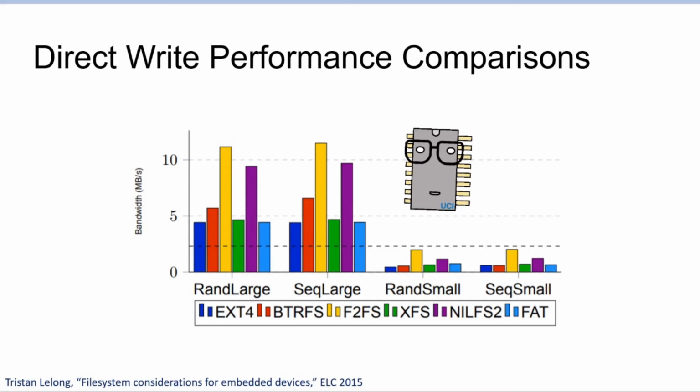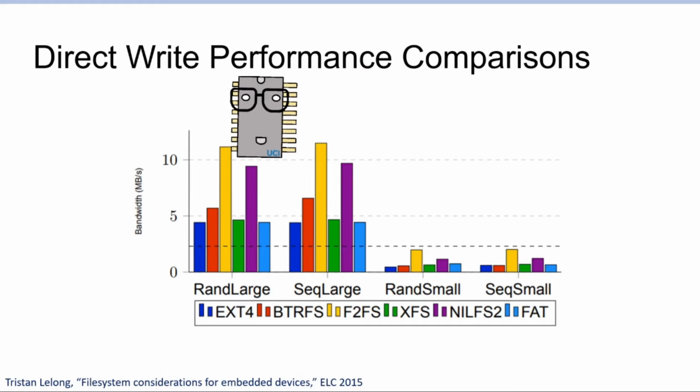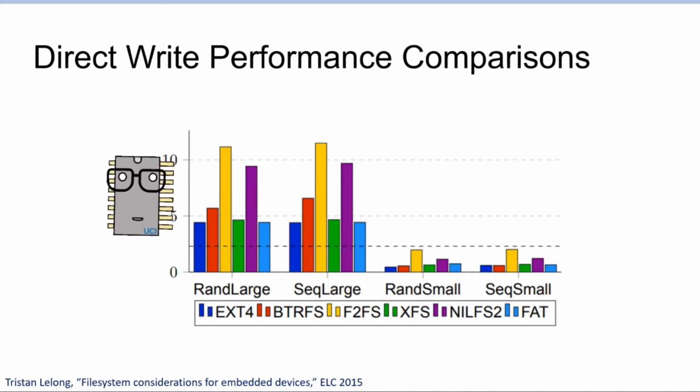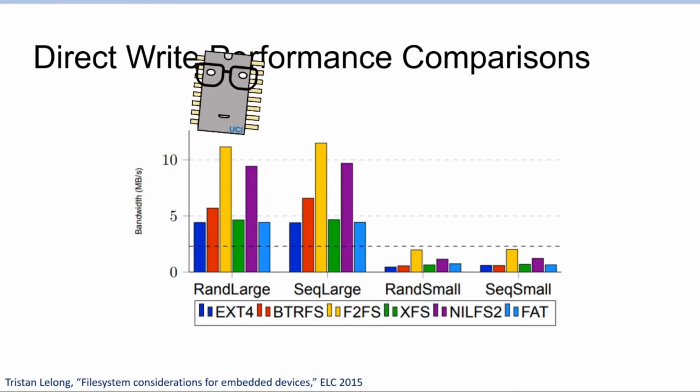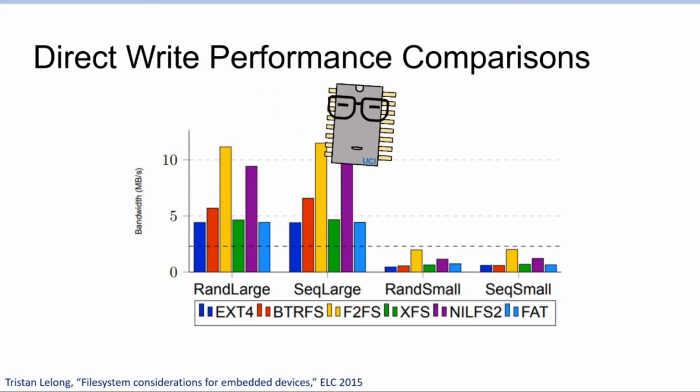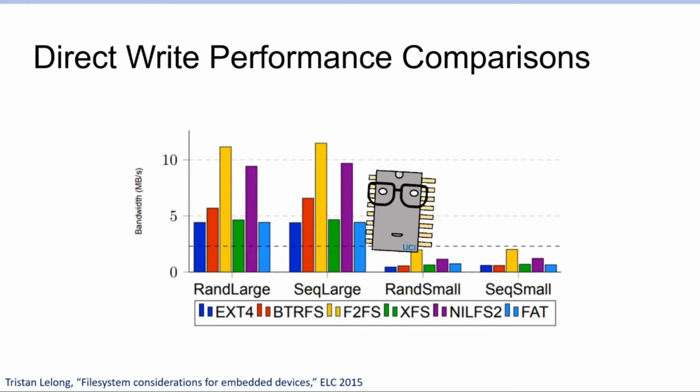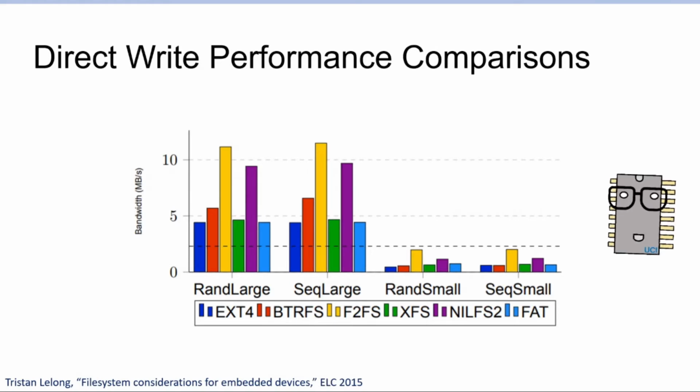More interesting results come in when we look at the direct write performance. So we're not using in-memory buffers for writes. Again, for all write requests, we're sending it directly to storage. And when we do have something like that, there is a pretty significant performance difference between these two bars, the flash optimized file systems compared to the regular file systems. Same for random small and sequential small.